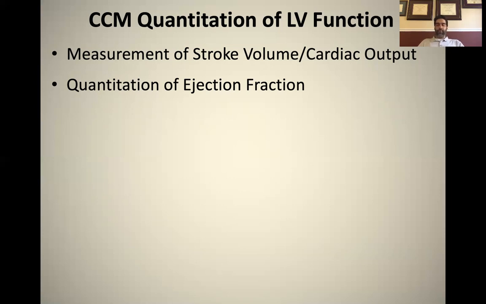And estimation of stroke volume and cardiac output using echo is the most specific approach to understanding flow that we have, at least non-invasively. So if you can get the views to estimate or measure cardiac output, use this approach. If you can't get the views, there are some other approaches utilizing quantitation of ejection fraction that are a poor man's approach to LV quantitation that we'll talk about at the end.